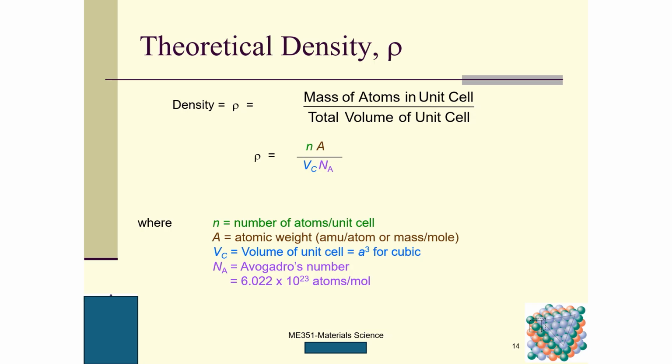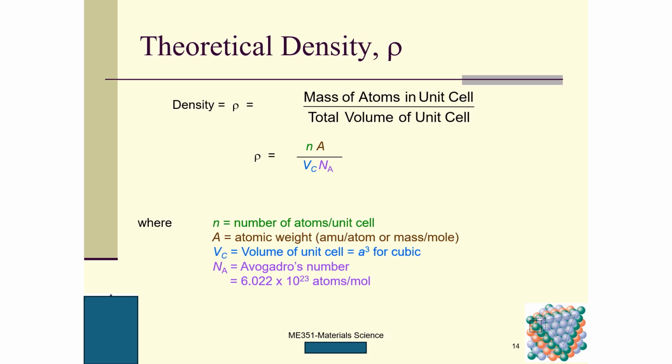I would suggest that you review these lecture notes after class and think about how we calculate the APF, and then you will have a better understanding of how atoms are packed in all these cubic structures. Any questions so far?